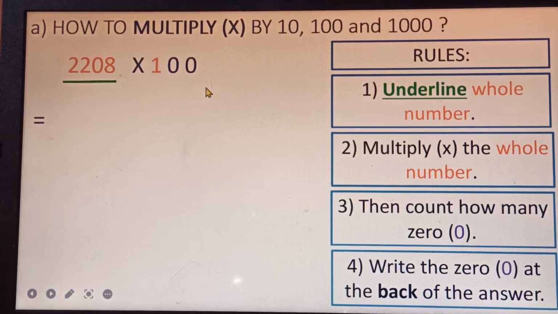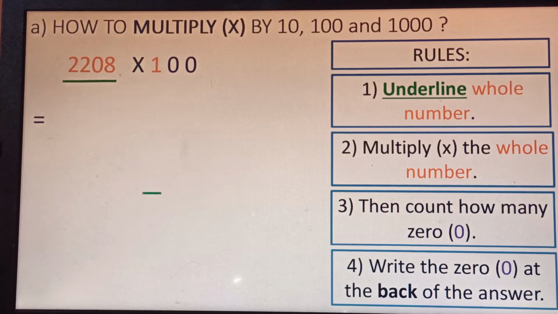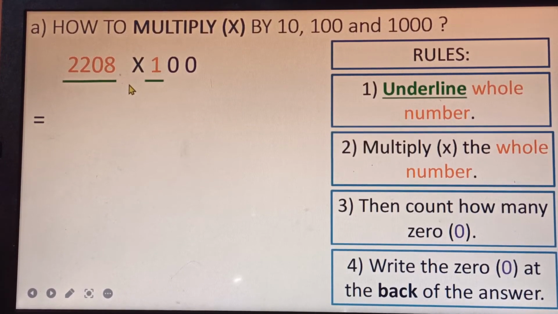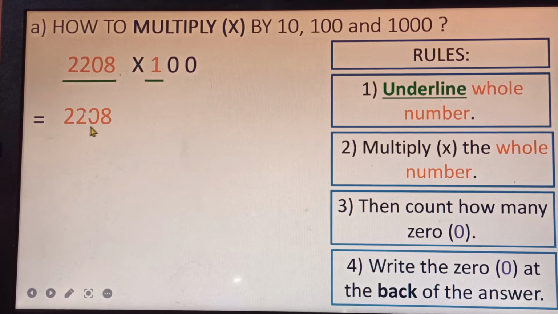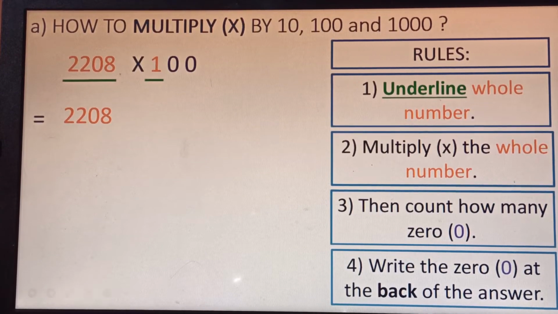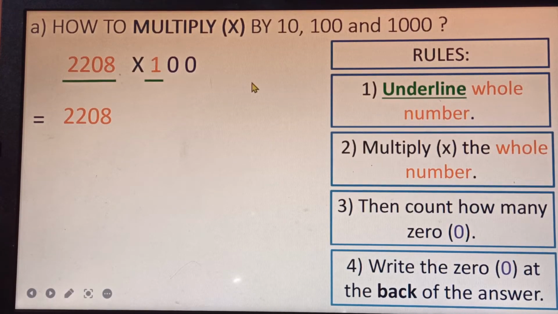Okay, ia termasuk dalam whole number, 0 yang di tengah-tengah itu. Okay, and where is another whole number? Yes, 1 is the whole number. Okay, kecuali 0-nya ada di belakang whole number itu tidak dikira. Okay, jangan di underline. Alright, so you multiply, what is the answer? Yes, the answer is 2,208. Good. Okay, what is the next step? Count how many 0 yang di belakang.